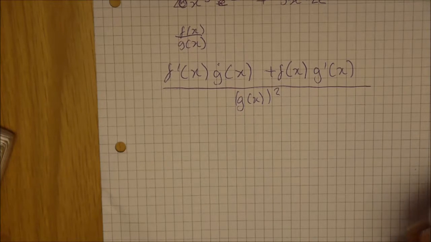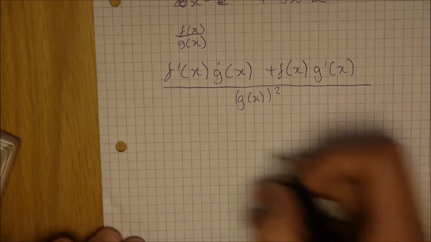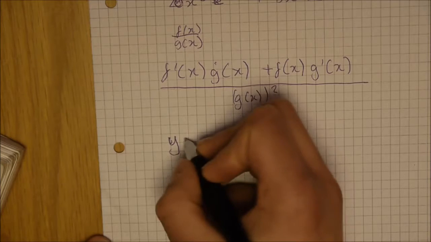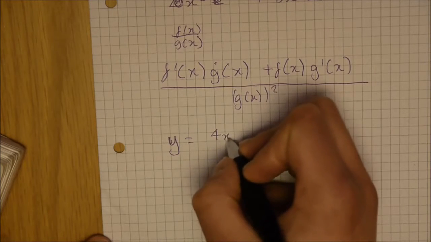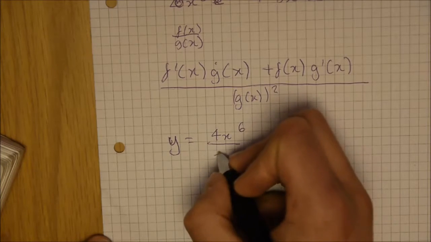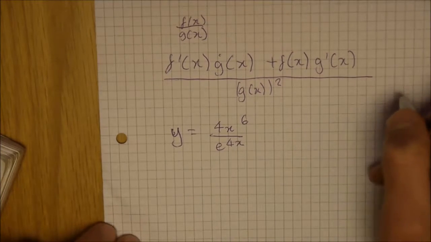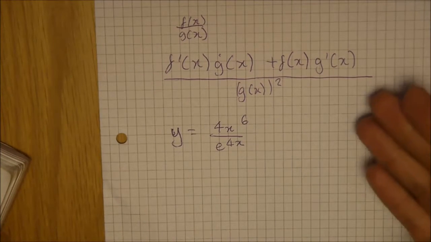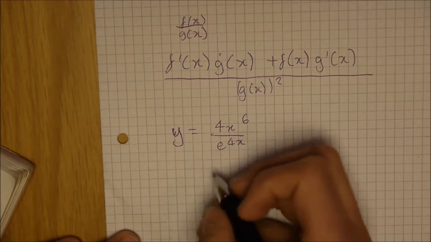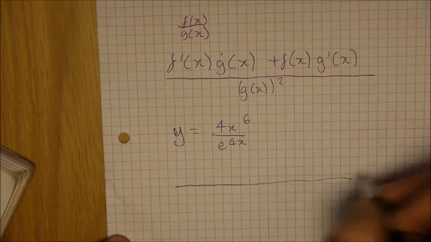because once you can do the more difficult ones then the easier ones become much easier. We're going to do y equals 4x to the 6 over e to the 4x. Now then, the first thing we've got to do, as I've said, is the product rule effectively first on the top.